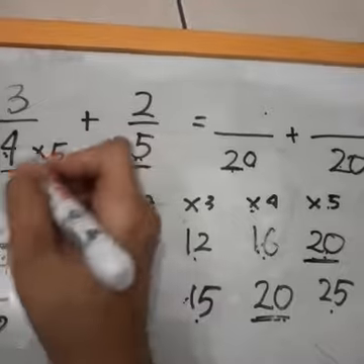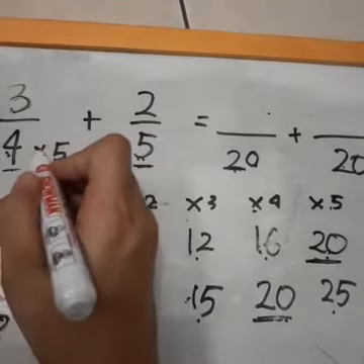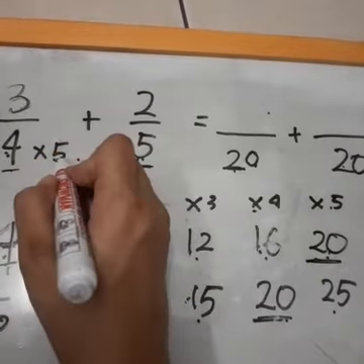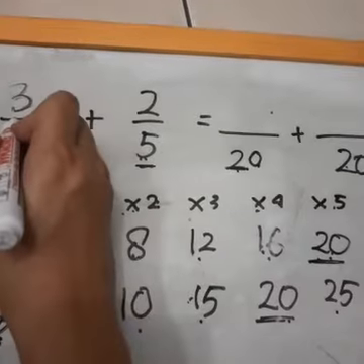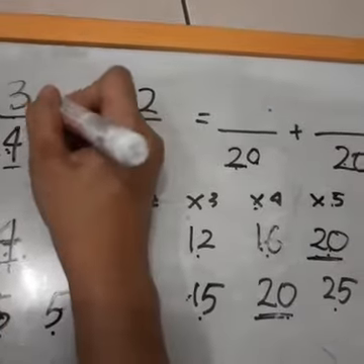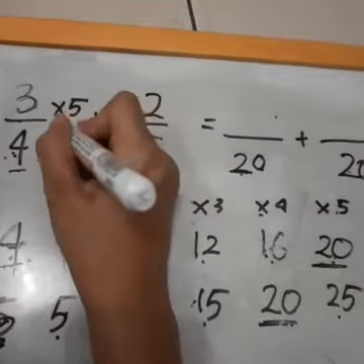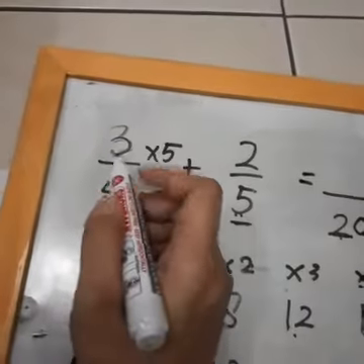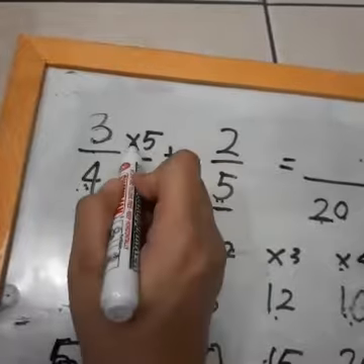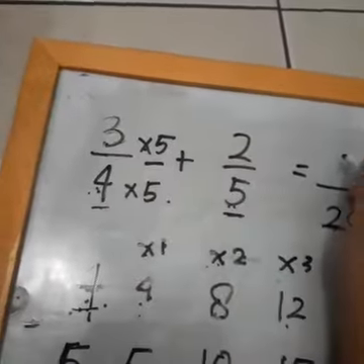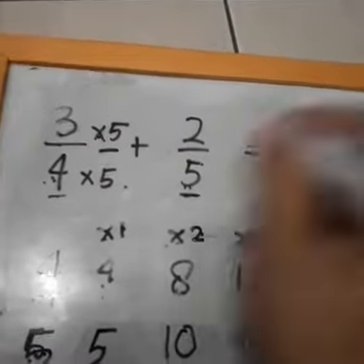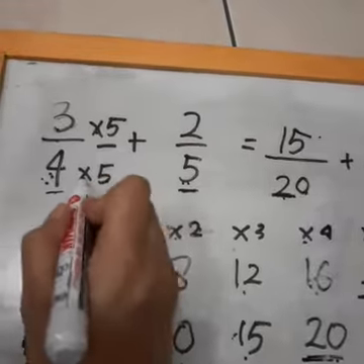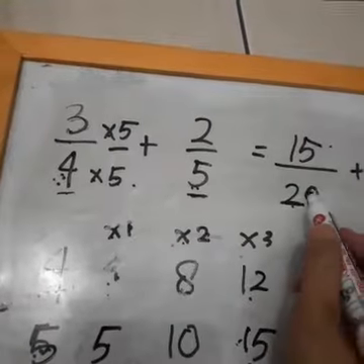If the bottom number is multiplied by 5, the top number is multiplied by 5. So we can count here: 3 times 5 is 15, and 4 times 5 is 20.